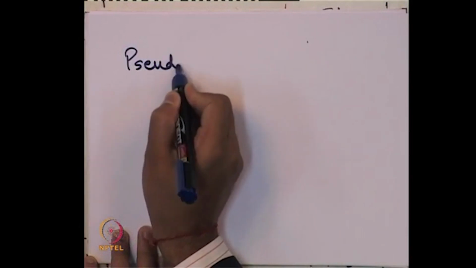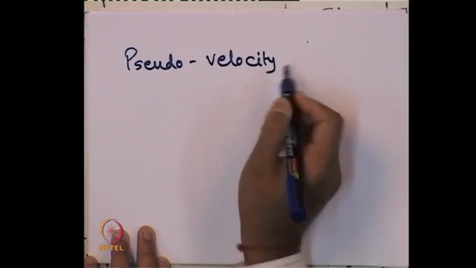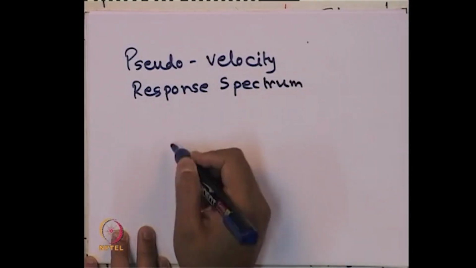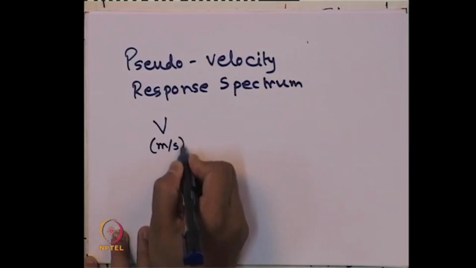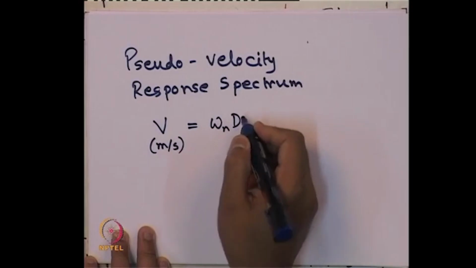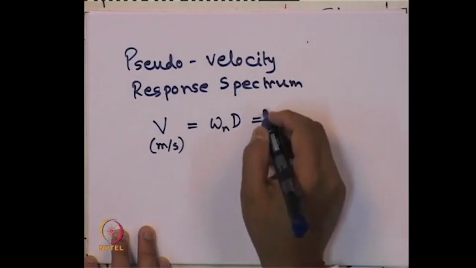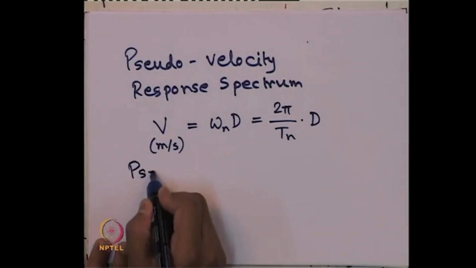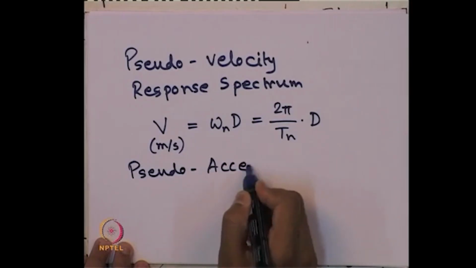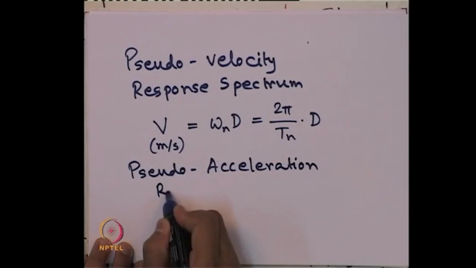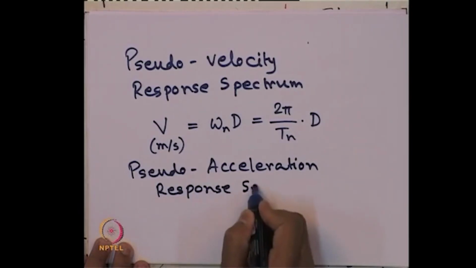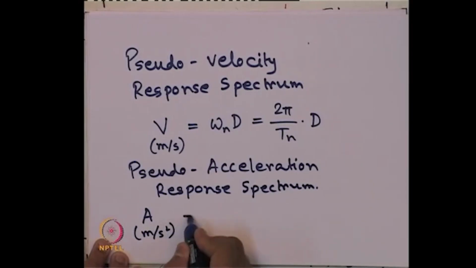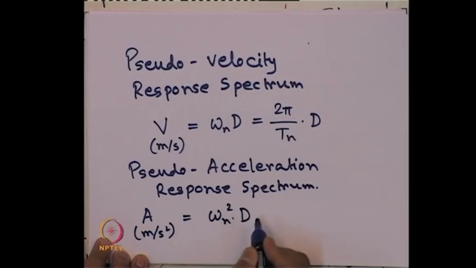So, the pseudo velocity response spectra can be obtained as, let us say V, in velocity units, say meter per second, will be omega n times D, or 2 pi by T n times D, where D is the displacement. And the pseudo acceleration response spectra will be A, in meter per second square units, that will be omega n square times this D. D is pseudo displacement.